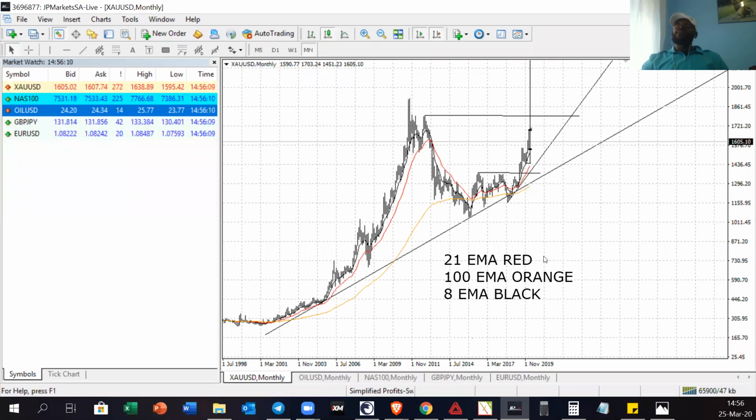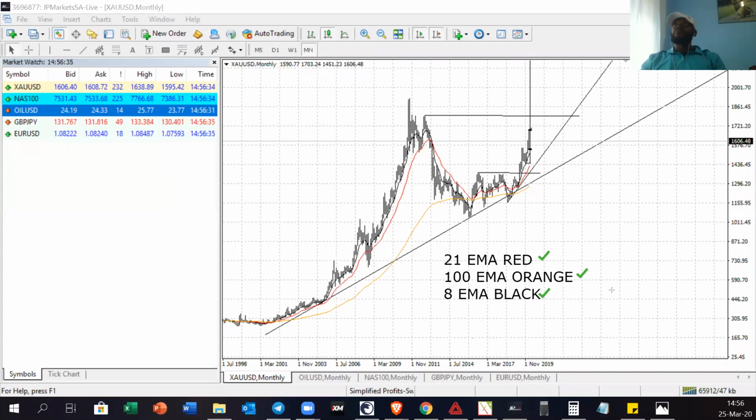If price is above the 21 EMA, it means the market is bullish. If price is above the 100 EMA, price is bullish. If price is above the 8 EMA, price is bullish.